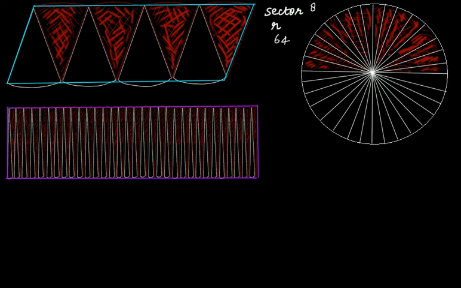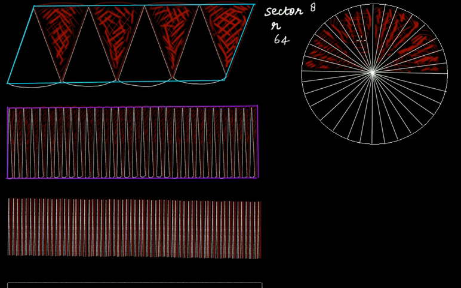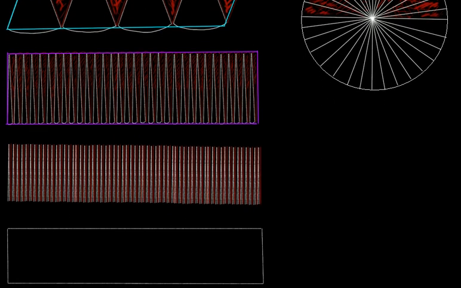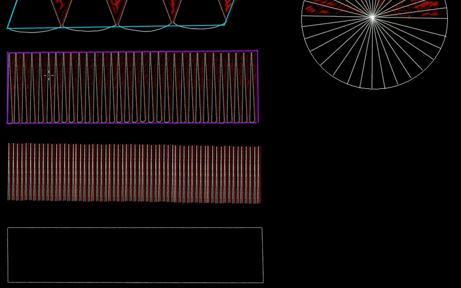Now, if we further subdivide this circle into finer and finer sectors, something like this happens. Can you see? These fine sectors are becoming much finer, narrower and narrower, and they are very narrow, right?